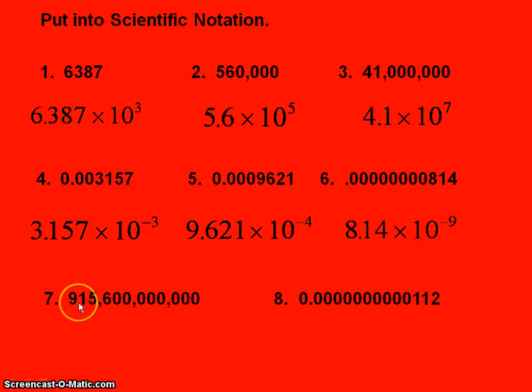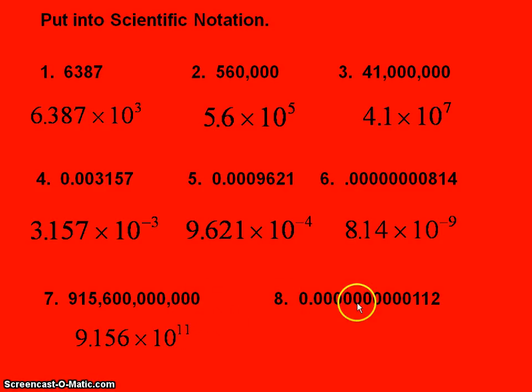It's going to have to go in between the 9 and the 1. So it's going to be 9.156. Notice that all these zeros drop off. There's no need to write all those. It's a waste of your time. And then it's times 10 to the 11th power. And the 11 came from the fact that you moved it 11 spaces to the left.